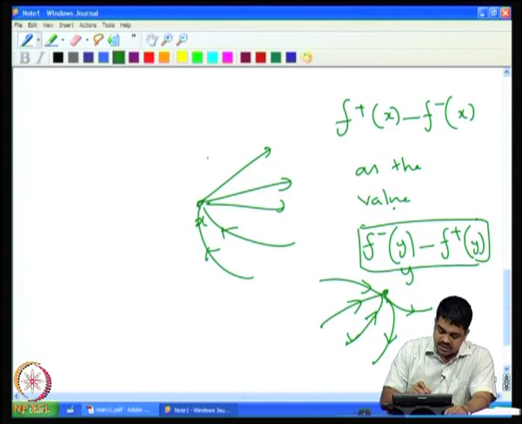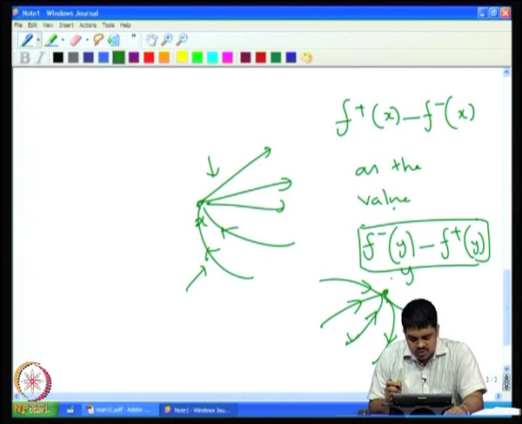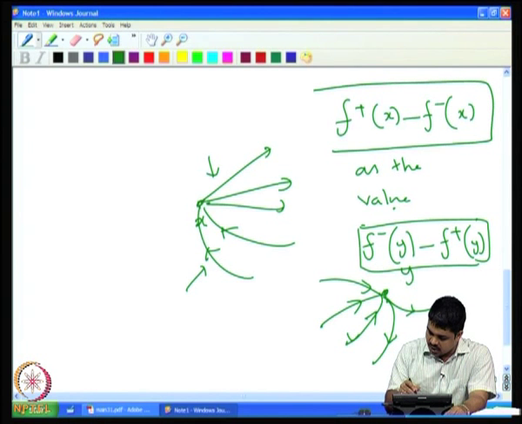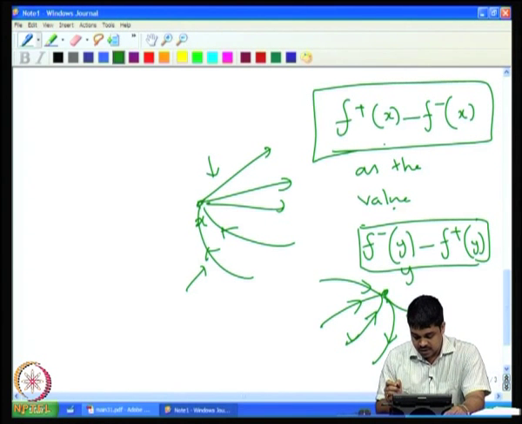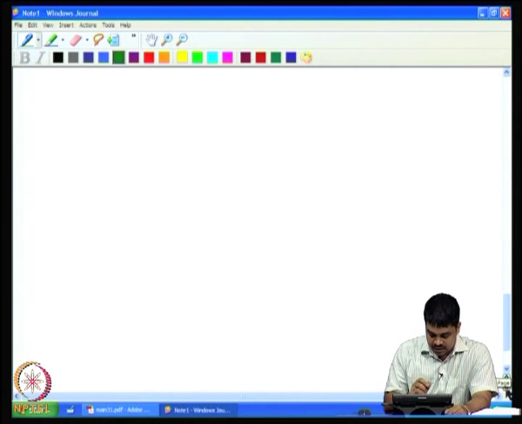So, whatever is sent from x should reach y. We are very much interested to know whether the net outflow from x will be equal to the net inflow in y. We will rather prove a much stronger statement, that not only are they equal.